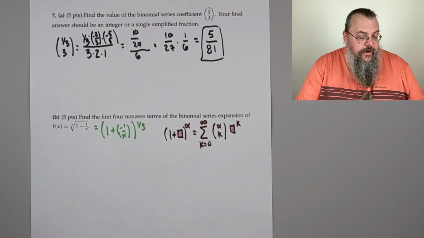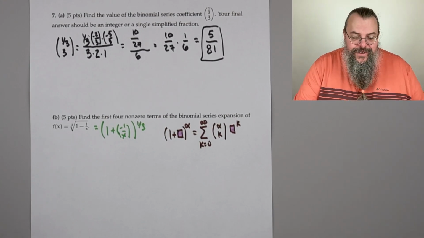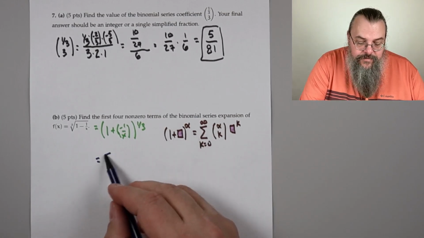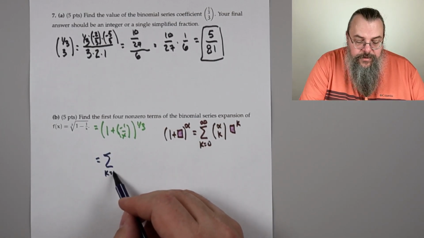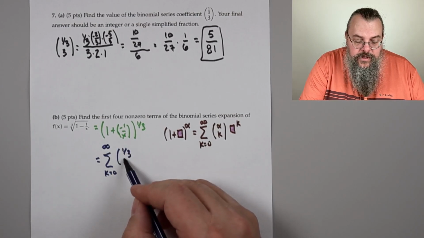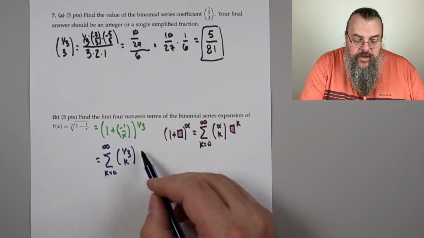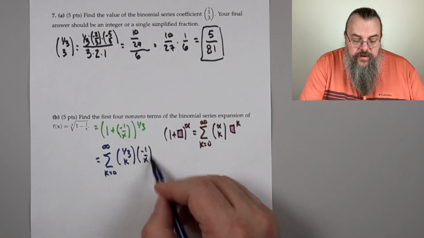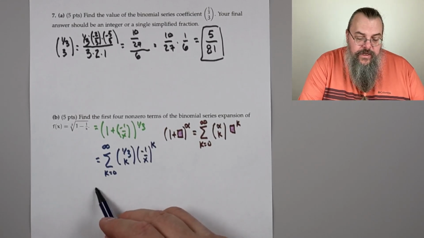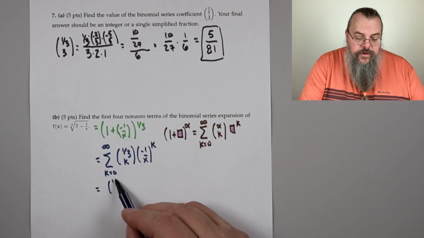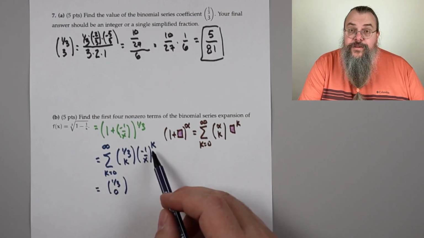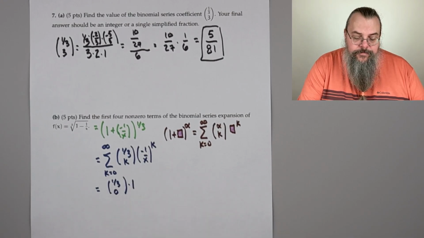So we now get the following. I'm going to switch colors here. This is, according to our handy rule, the sum k equals 0 to infinity of 1/3 choose k times minus 1 over x to the power k. All right, so that's 1/3 choose 0, and then something to the 0 is always 1.